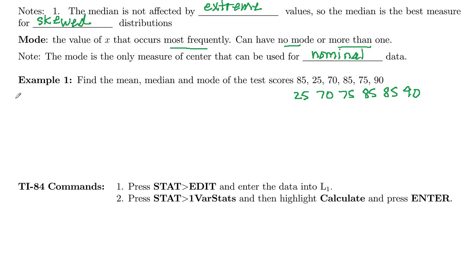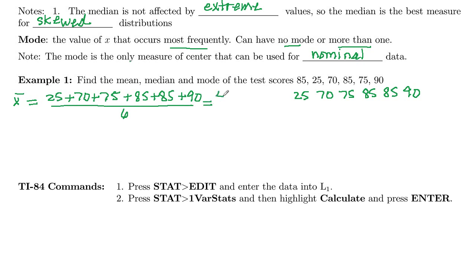So first our mean, X bar, we are going to sum up these values. So 25 plus 70 plus 75 plus 85 plus 85 plus 90. And we are going to divide by, we've got 6 values there.